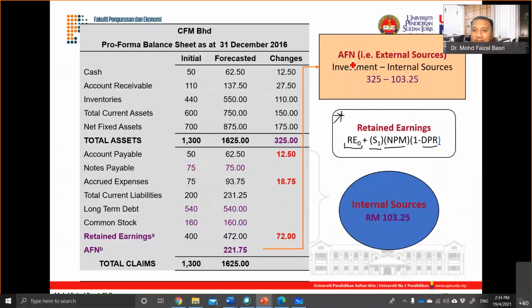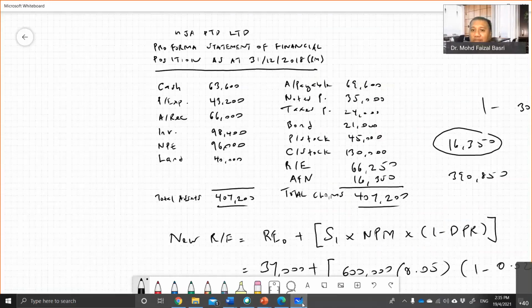So that's why the AFN is the external source. If you remember last week, there are two sources, the internal and the external. Internal is the spontaneous, external is the non-spontaneous. So if I go back to my answer here, the items that we increase are all spontaneous, all internal.